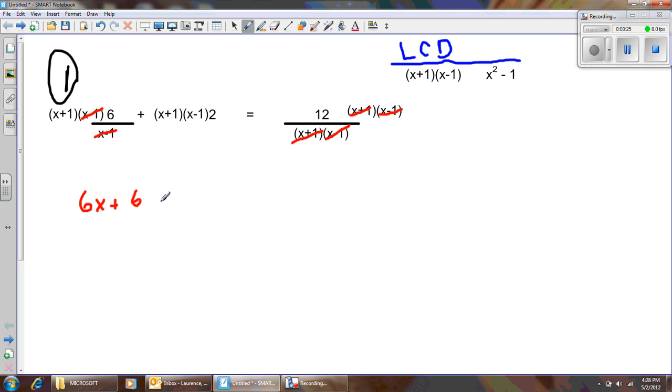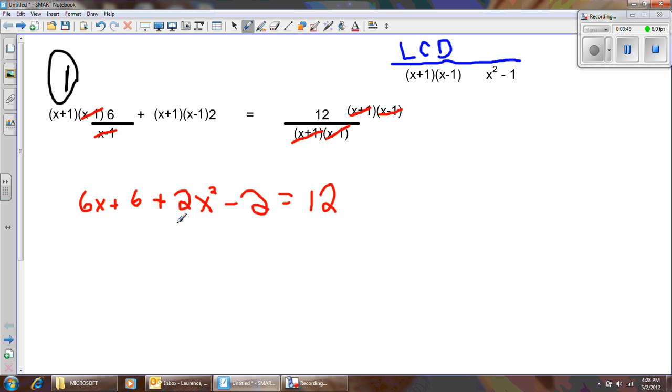So if I multiply that by a 2, I will get plus 2x squared minus 2. And the right-hand side becomes simple. It turns into simply a 12.